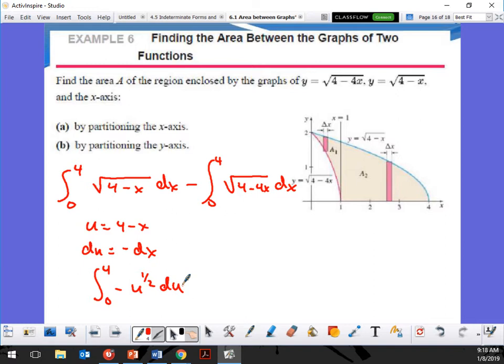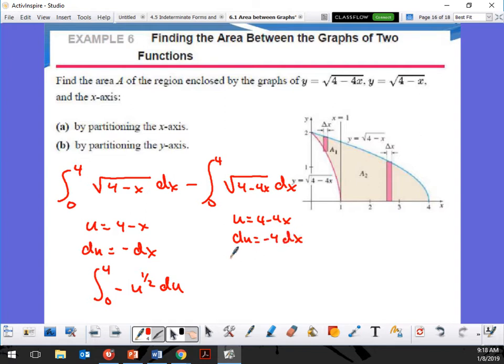Yes? Okay, let's do the other one then. For this one, my u is going to be the whole thing again, right? So u is 4 minus 4x. du is negative 4 dx.